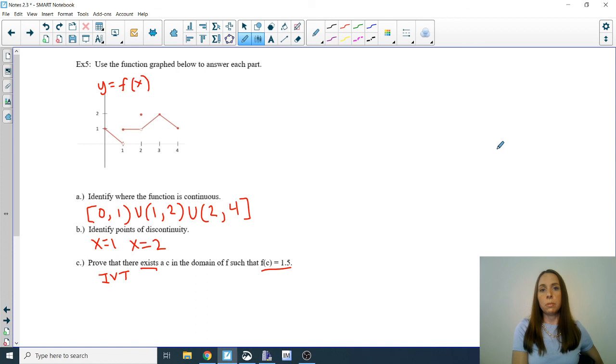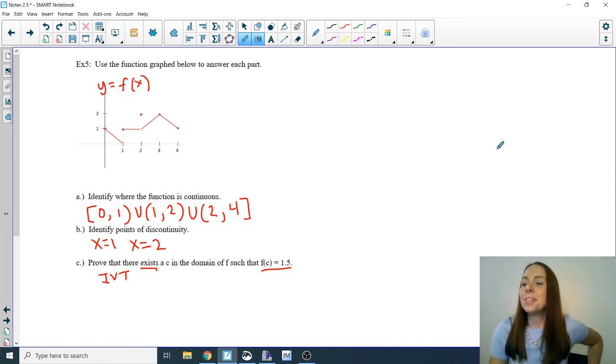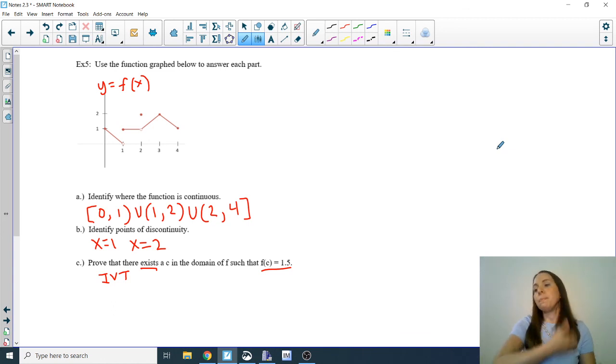I said that the proof is trivial, and I stopped. No, just joking. All right, here's what I did. I looked for a place where I could easily say that my function was continuous over an interval. A nice interval where my function, up here, is continuous, and where 1.5 would fit between the endpoints, where the y-coordinate of 1.5 would fit between the endpoints.